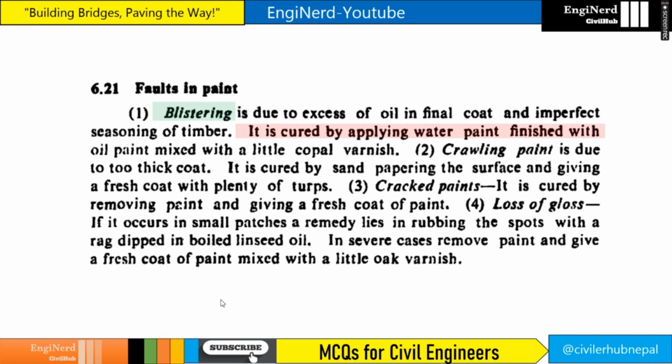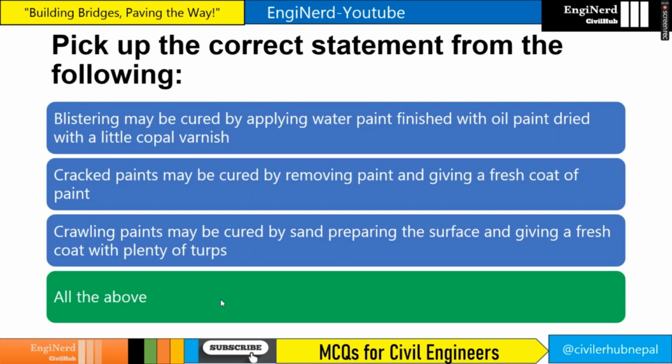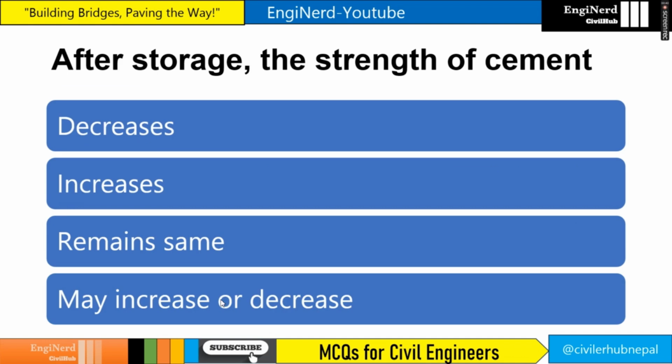If you see here, blistering is cured by applying water paint finished with oil paint mixed with a little copal varnish. In the case of crawling paint, it is cured by sand, preparing the surface and giving a fresh coat with plenty of turps. And in the case of crack paints, it is cured by removing paint and giving a fresh coat of paint. So our answer will be all of the above.